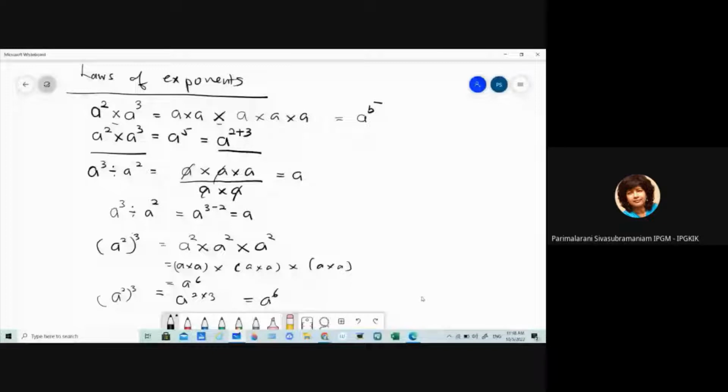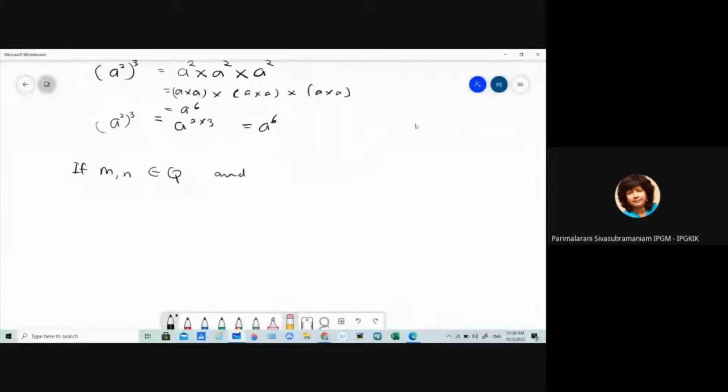If you understand this, then let's look at all the laws of exponents. Let's say m and n are integers and a is a positive real number.